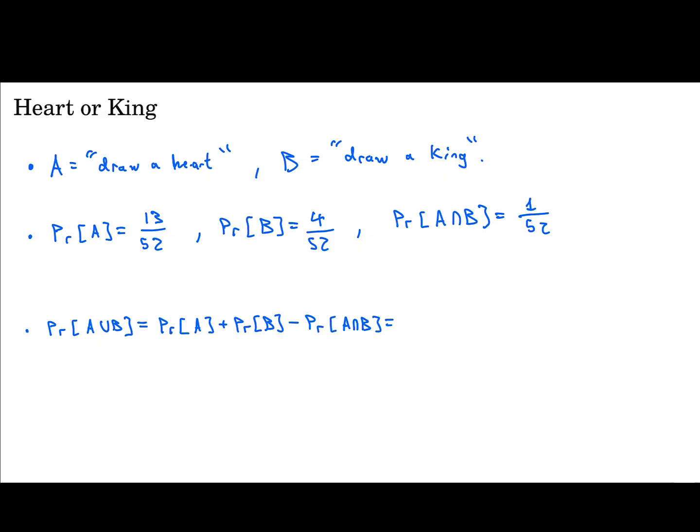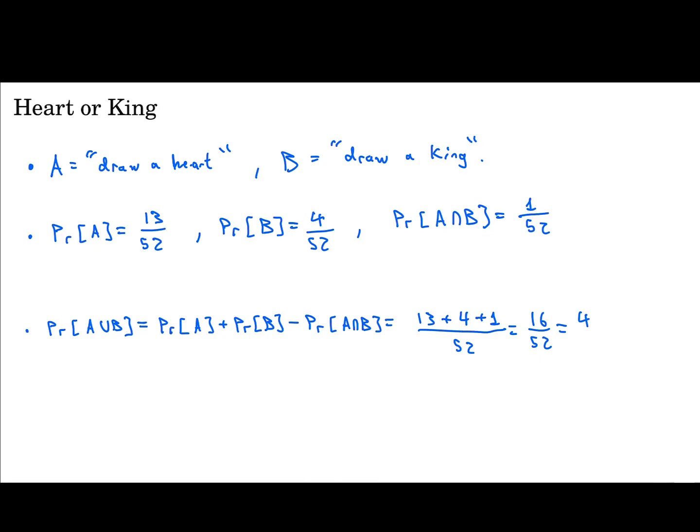which will be 13 plus 4 plus 1 divided by 52. So this will be 16 divided by 52. So 13, 14, 15. So not 16 actually.